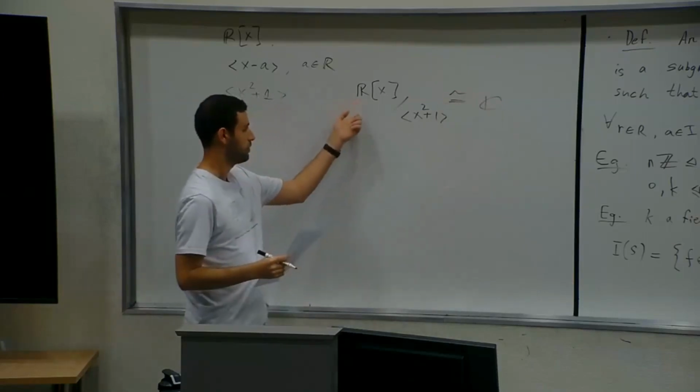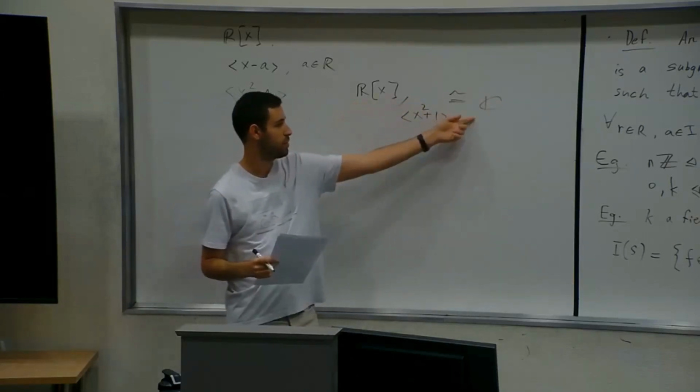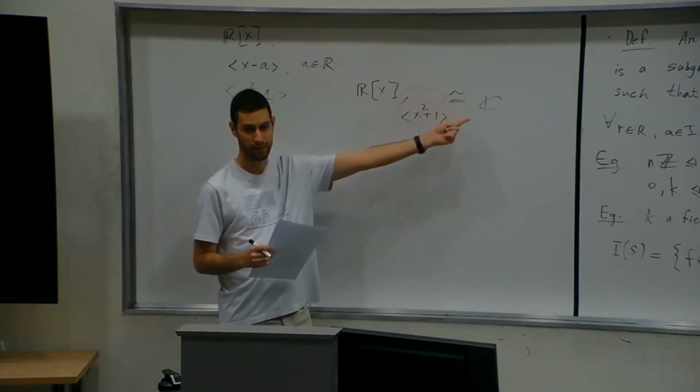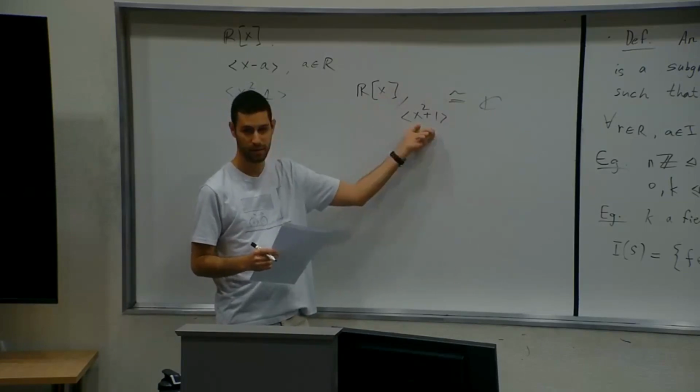Right. So in fact, the substitution homomorphism substitutes i, for example, and this is the kernel in R[x].